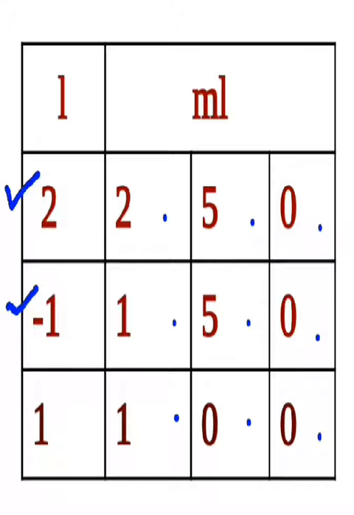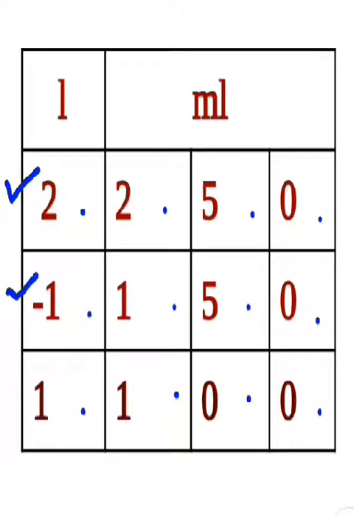Now in liters column we have 2 and 1. So 2 minus 1 is 1. So the answer is 1 liter 100 milliliters. So 1 liter 100 milliliter juice is left in the pack.